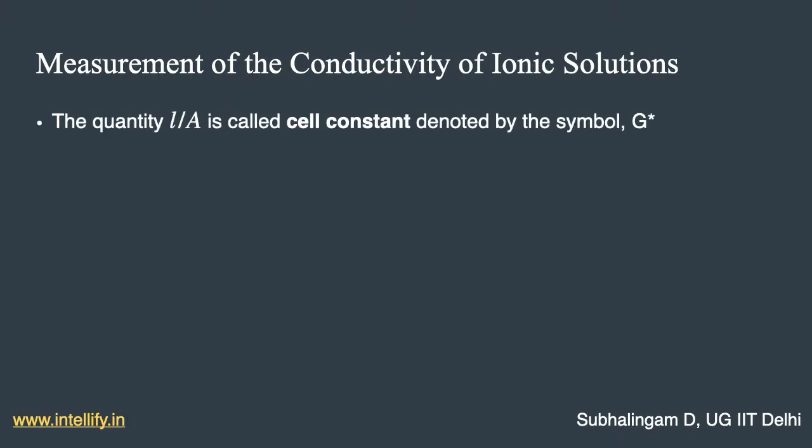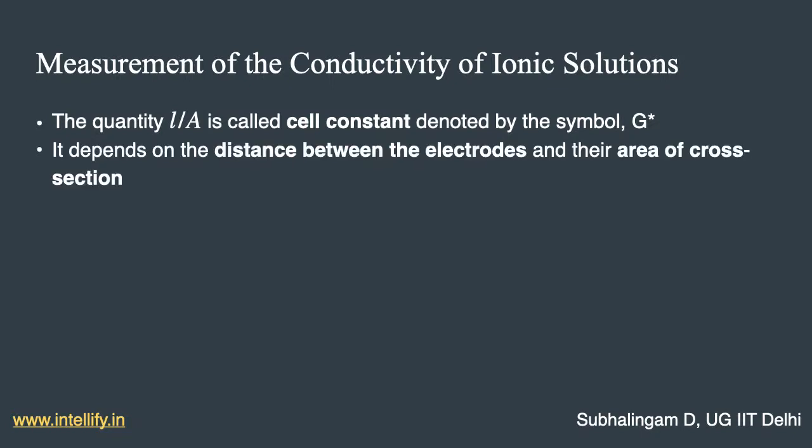So the quantity L/A is called cell constant and it is denoted by G*. Do note that it is L and not 1, it is L/A. It depends on the distance between the electrodes and the area of cross section.